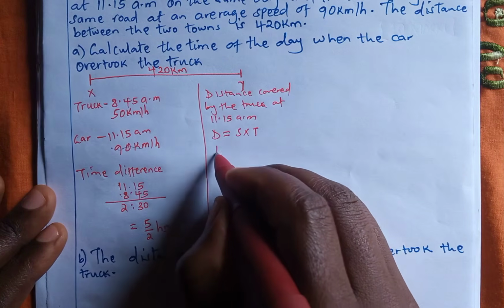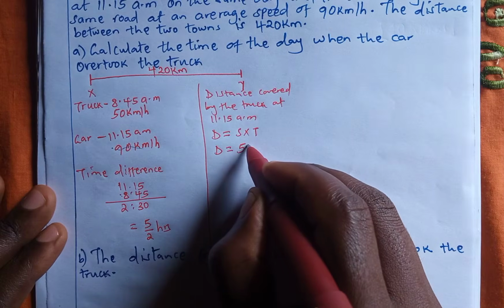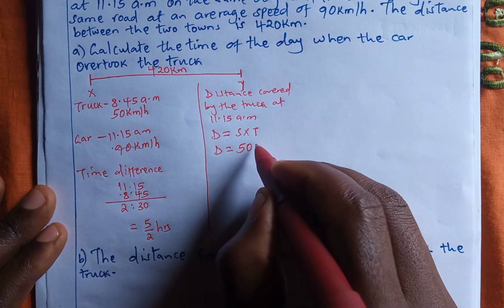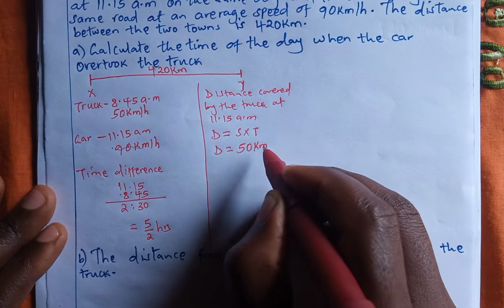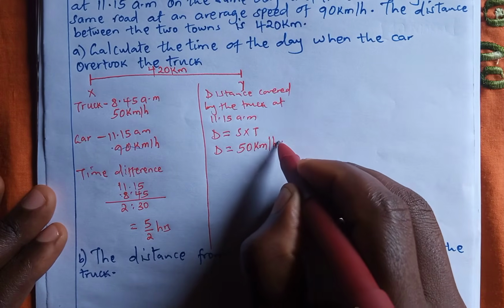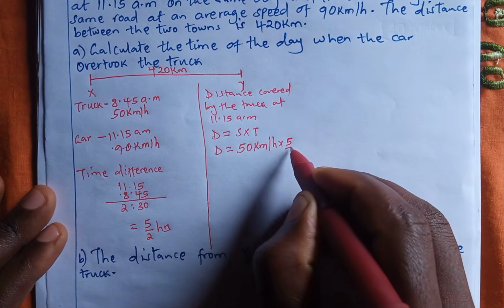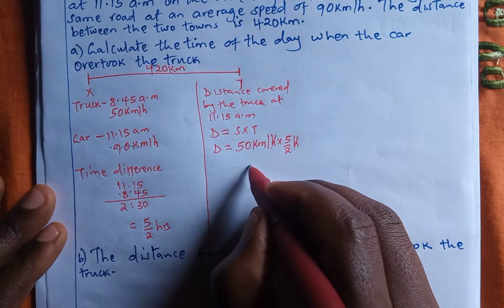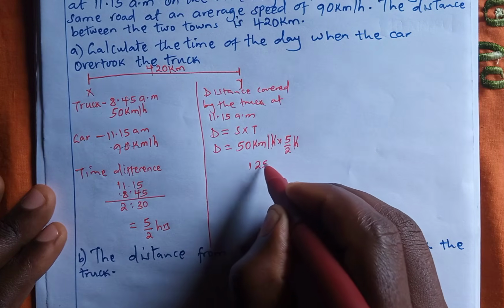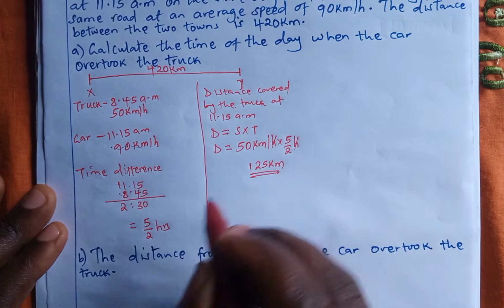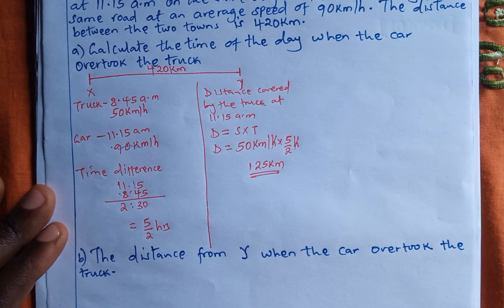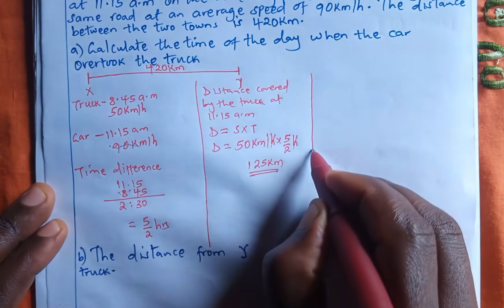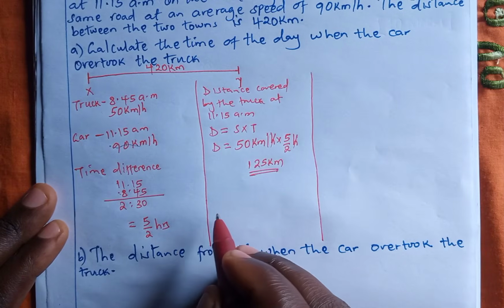So distance is going to be 50 kilometers per hour multiplied by the time difference, which is 5/2 hours. Hours and hours will cancel. So the distance here is in fact 125 kilometers. Remember, it is the time that we're interested in, but all these ingredients are going to help us arrive at the correct answer.